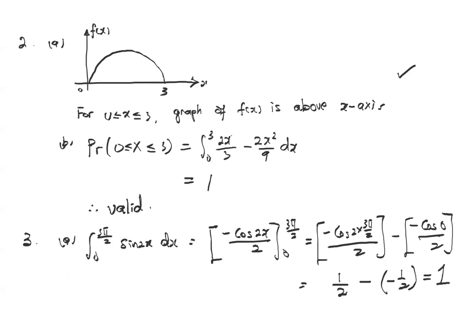So now they say, explain why fx equal to sin 2x is not a valid probability density function. This is the second criteria, so you have to check the first one. When you say check the first one in question 3, that means I have to sketch the graph of fx equal to sin 2x for x between 0 and 2 pi.